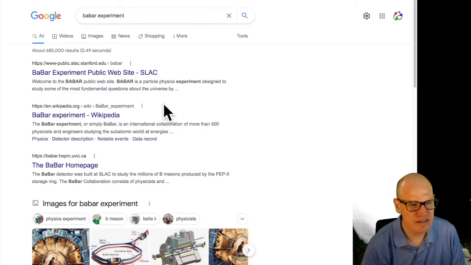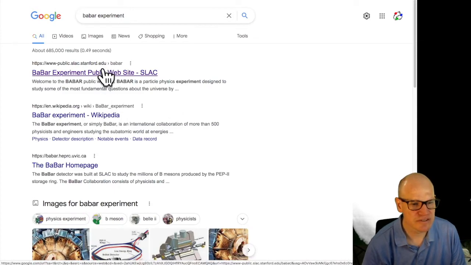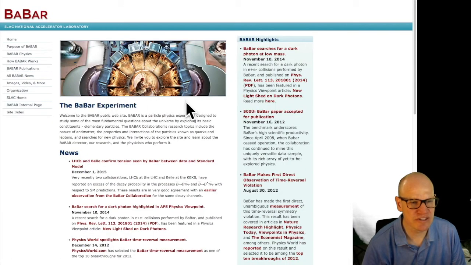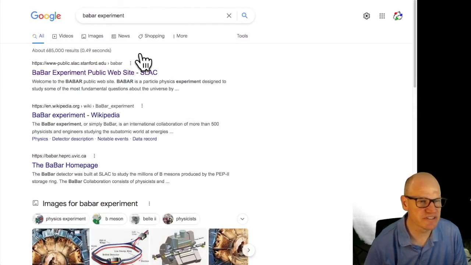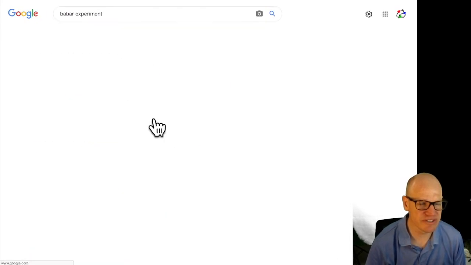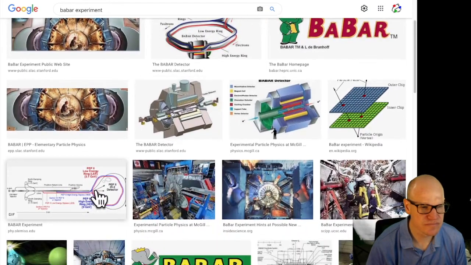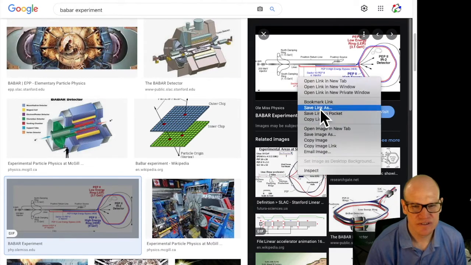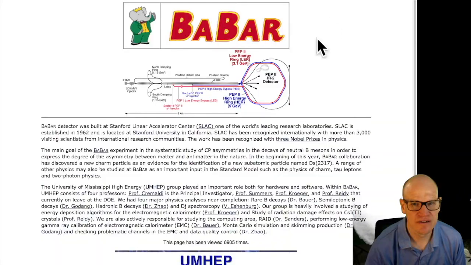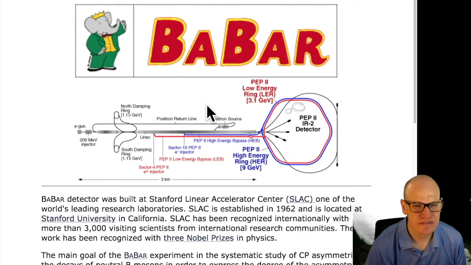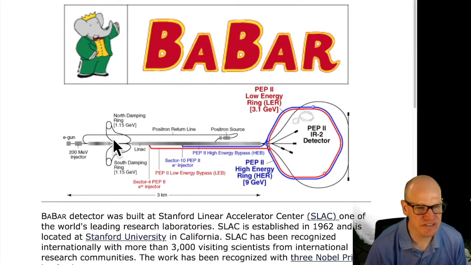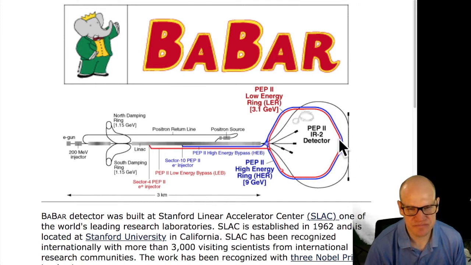There's also Belle. Okay, so here's BaBar. That's what it looked like. Let's see if we can see the image of what the accelerator complex looked like. Okay, so this is the main line, and then it was ejected out here and was sent around, and the collision happened back here.